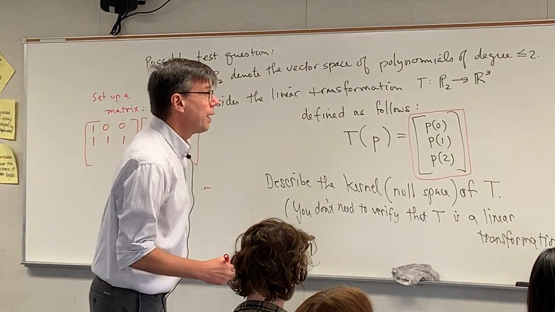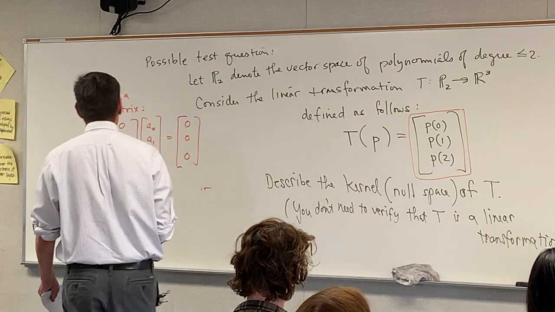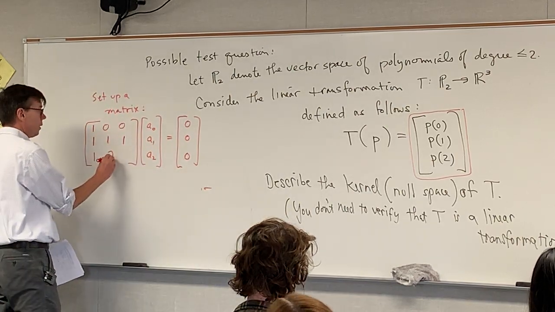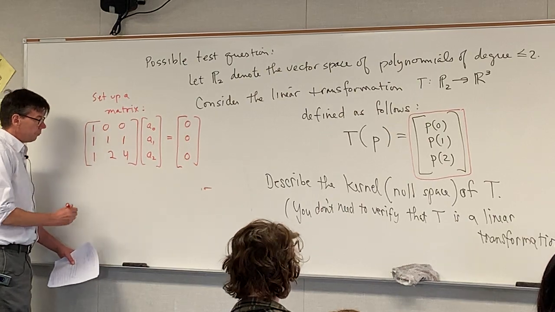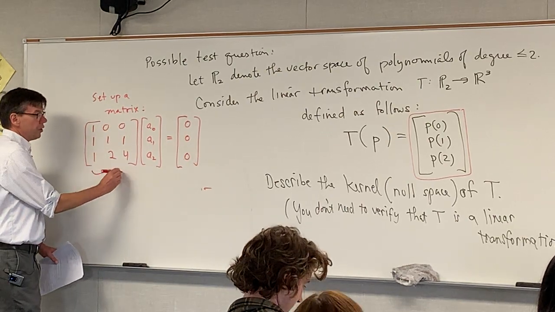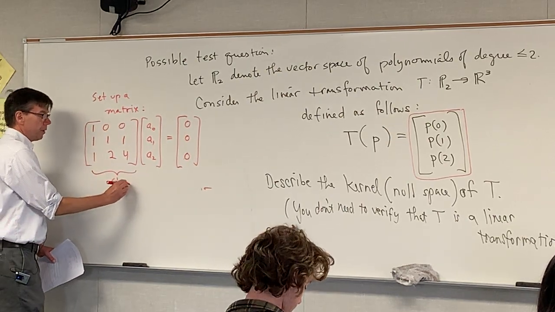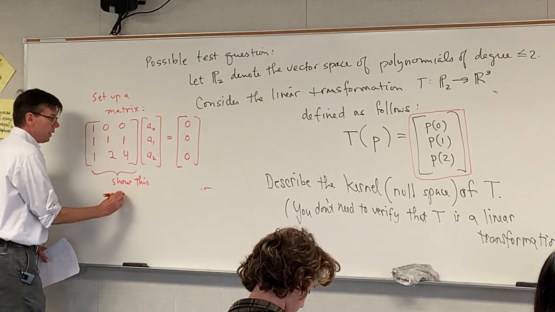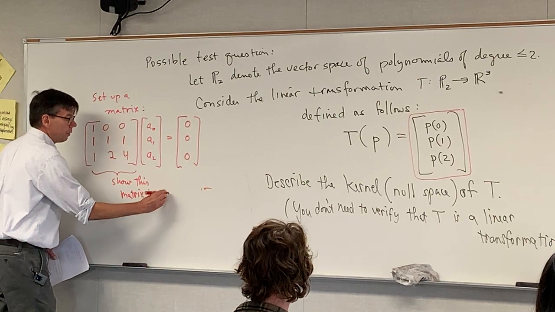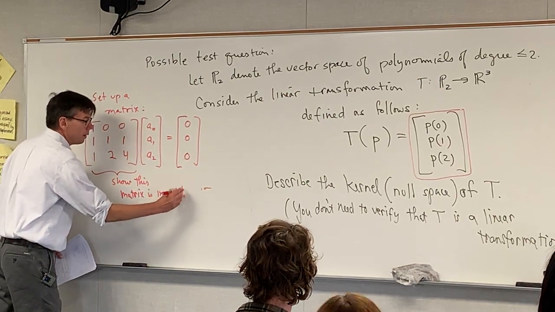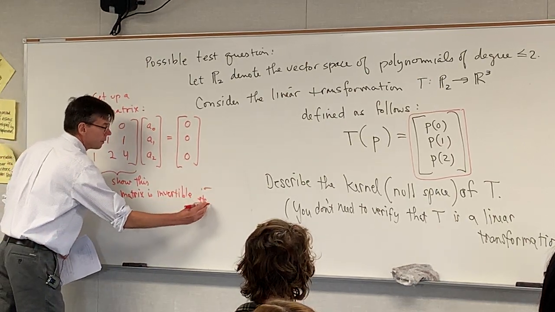It was 4A2, 2A1, 1A0, so 1, 2, 4 from the way I wrote things here. And again, you can just show this matrix is invertible, etc. Okay, that's enough talking about this.